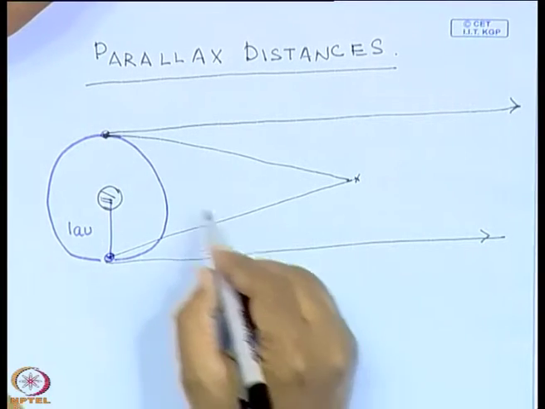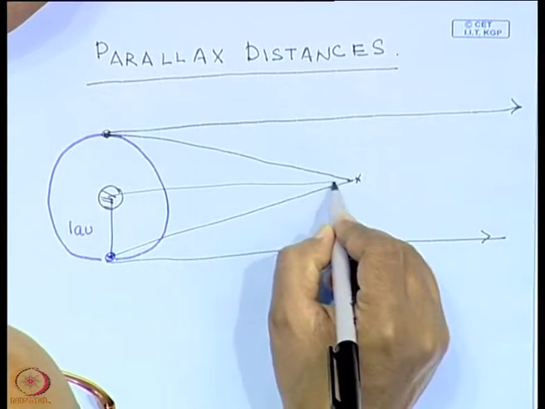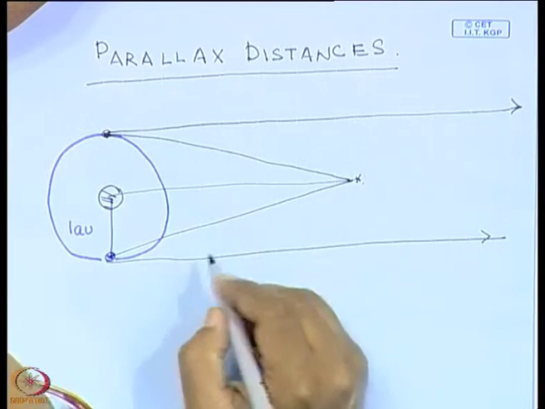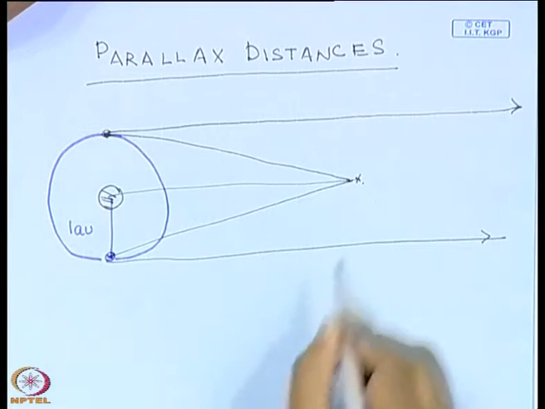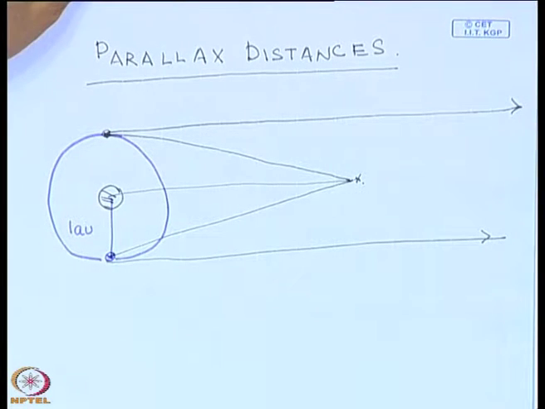So, we could measure this change in angle with reference to a distant object whose angle does not change. This is how the distances for nearby objects beyond the solar system can be measured. These distances are referred to as parallax distances, and this gives us the most direct estimate of distances beyond the solar system. And the unit of distances beyond the solar system is based on this.